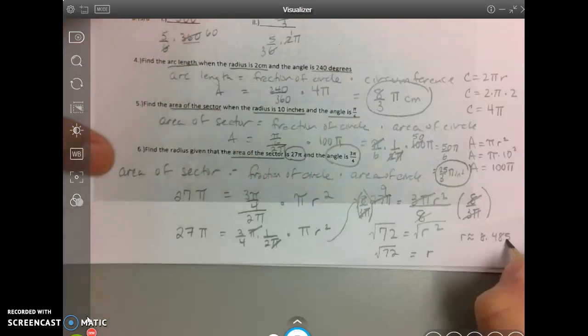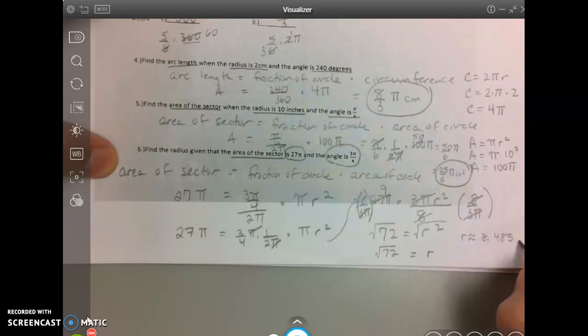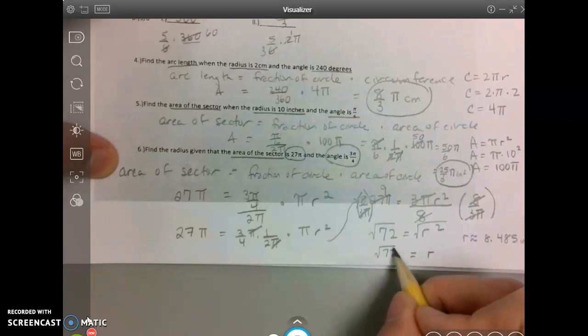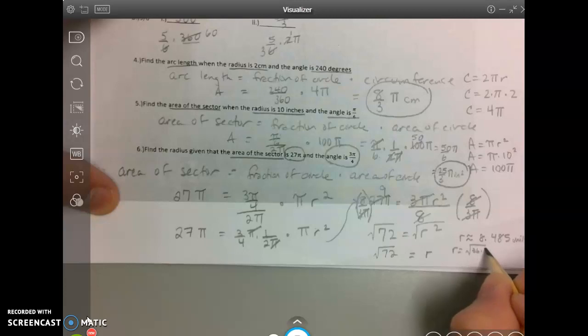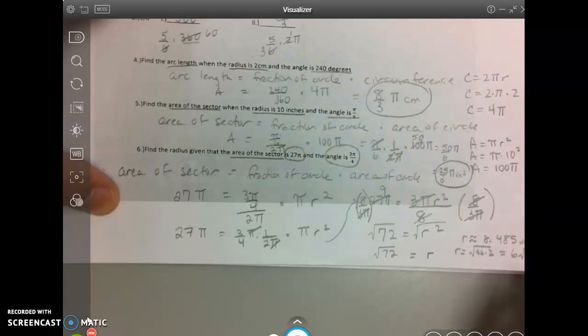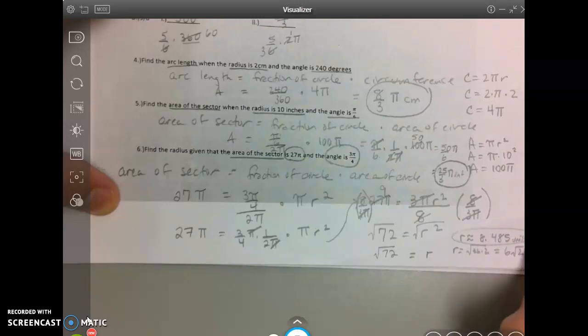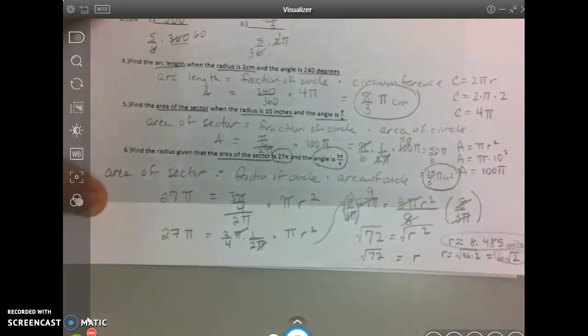It doesn't tell me what we're measuring in, so that's units. Or I could rewrite the square root of 72 in an exact fashion as 36 times 2, which is 6 square root of 2. So either answer would work.